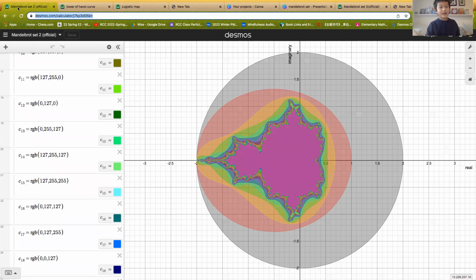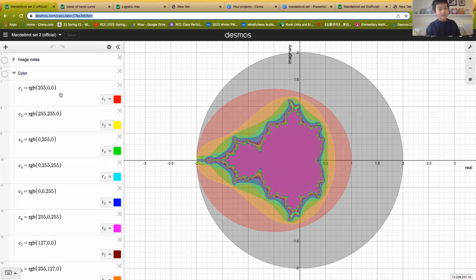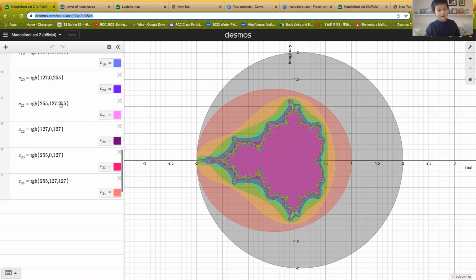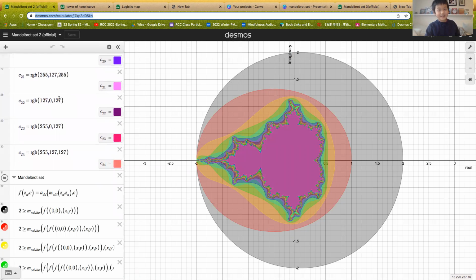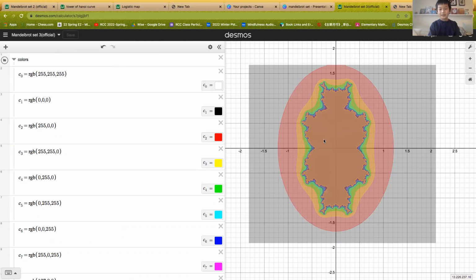So over here, I actually got the first 24 iterations, the first 25 actually, because I also got this, commonly called iteration 0, because it's like the boundary. Over here, iteration 0 is so big that you can't see it.